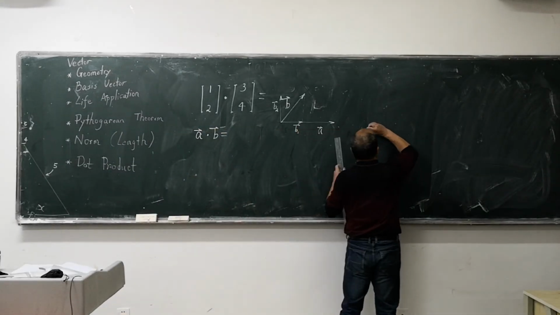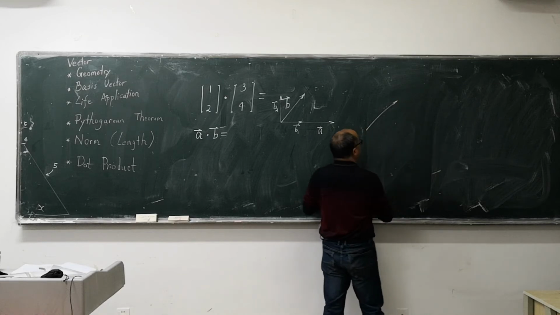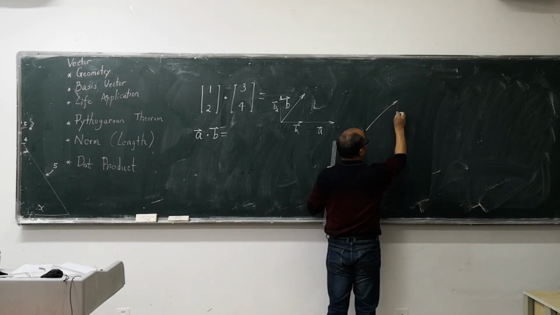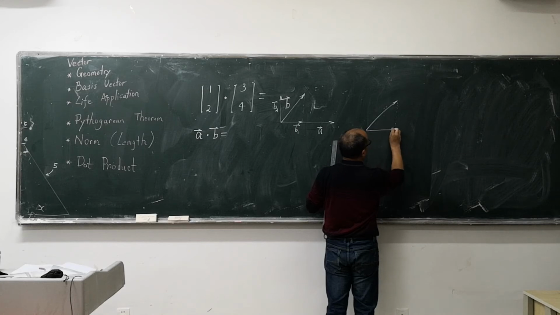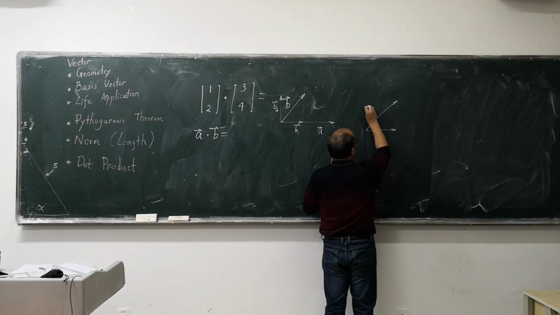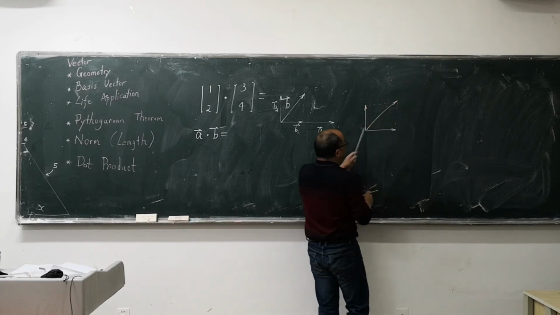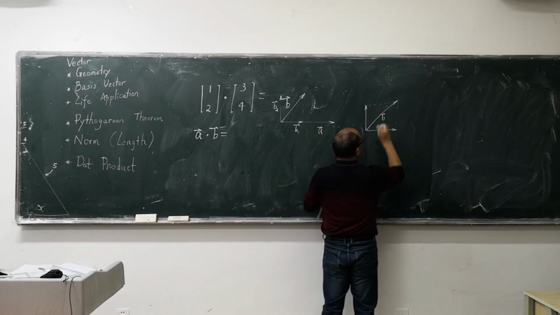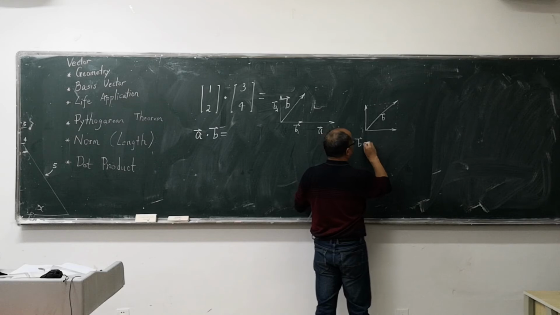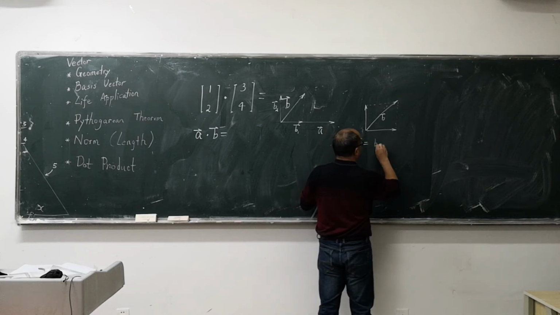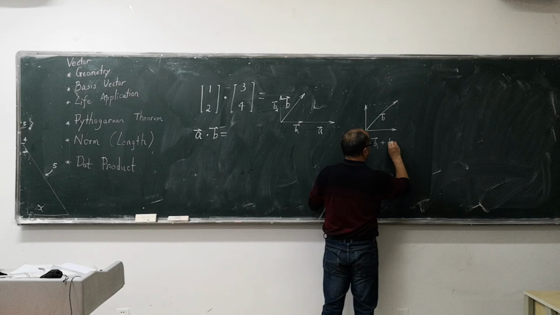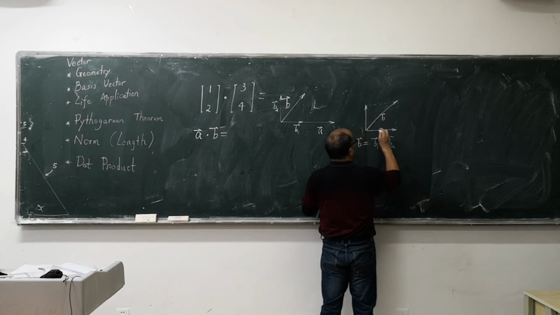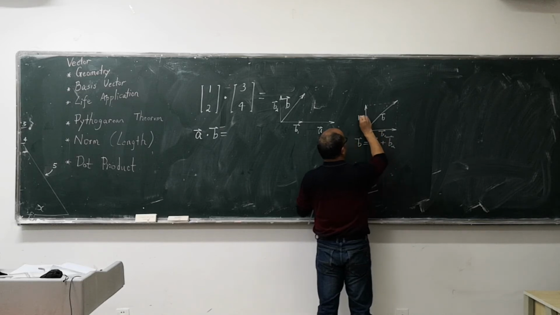A vector can always be looked at as two components. One component is here, another component is there. This B can be looked at as B1 plus B2. This is B1, this is B2.